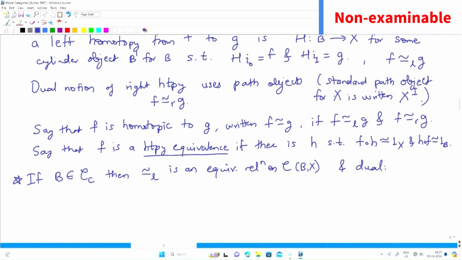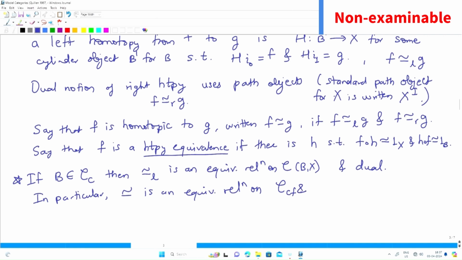So in particular, two-sided homotopy is an equivalence relation on fibrant and cofibrant objects, because of just what I said.